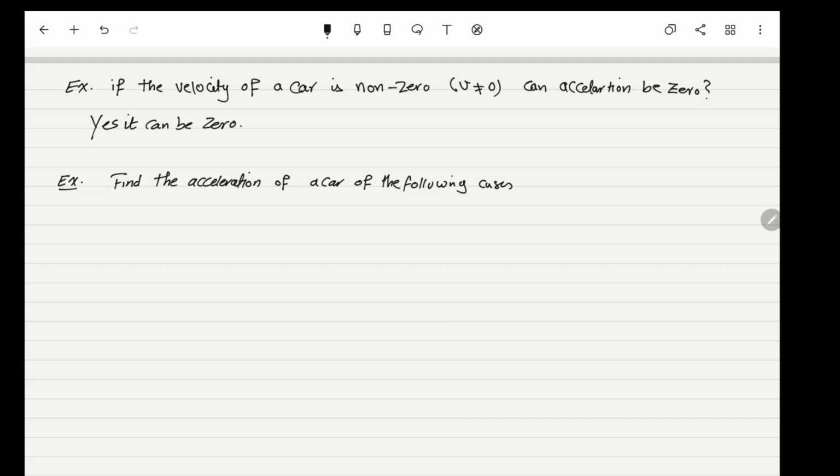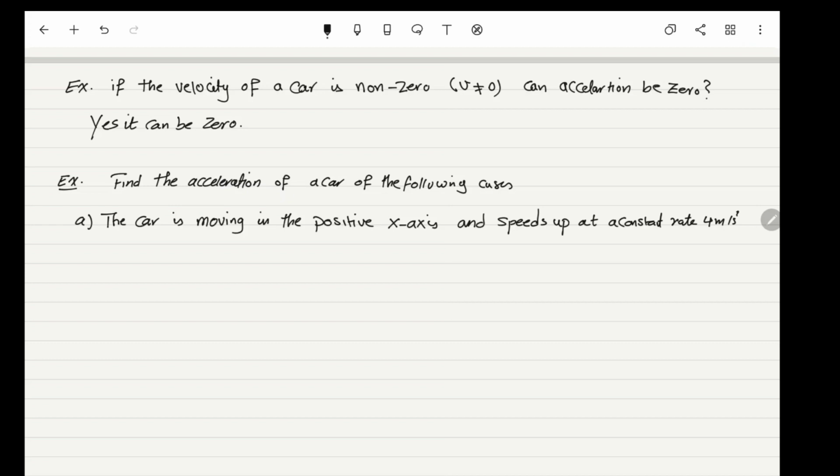Example: find the acceleration of a car in the following cases. A, the car is moving in the positive x-axis and speeds up at a constant rate of 4 meters per second squared. For this case, the acceleration is in the same direction as the car.